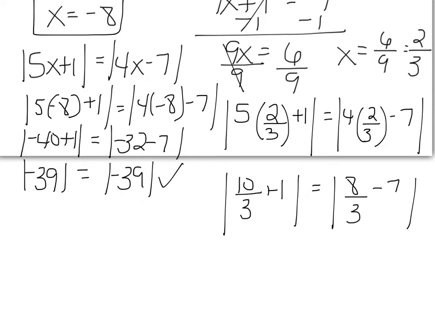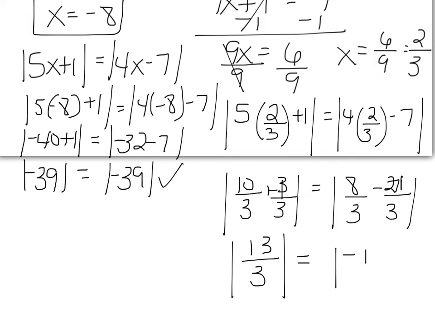I'm going to make this 3 over 3 instead of 1, and instead of 7, I'm going to make this 21 over 3. So then this becomes 13 over 3. Absolute value of 13 over 3 is equal to the absolute value of negative 13 over 3, which is the same thing. So 2/3 is also an answer. Sometimes it sucks to have to plug fractions in, but we got our answer.